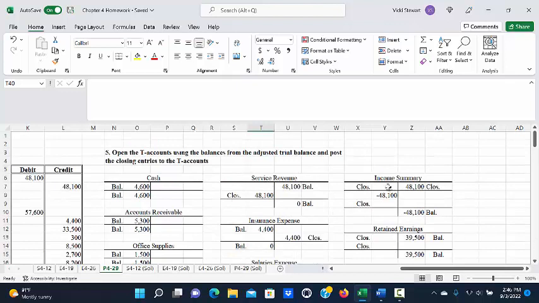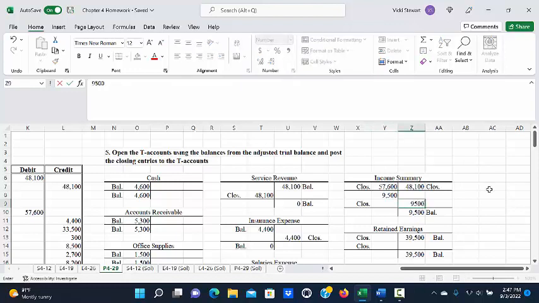They were all credits, and then we would need to post the $57,600 amount to income summary as the debit, and we see that we do have a debit balance in income summary. So to close that, we would credit income summary for $9,500, and we would debit retained earnings for $9,500.